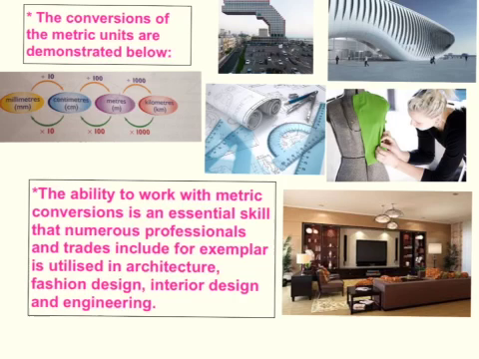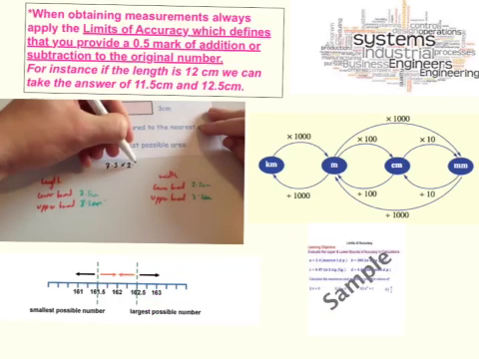The ability to work with metrical conversions is an essential skill that numerous professions and trades include. For example, this is utilized in architecture, fashion designing, interior designing, and engineering. When obtaining measurements, always apply the limits of accuracy, which means you add or subtract 0.5 from the original number.